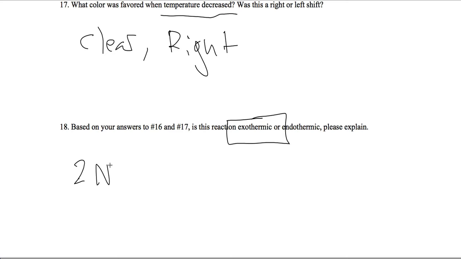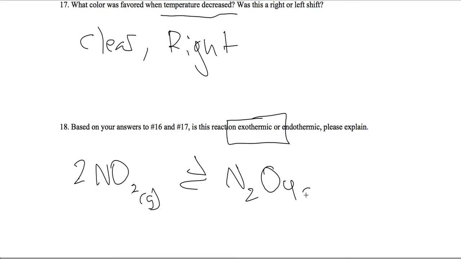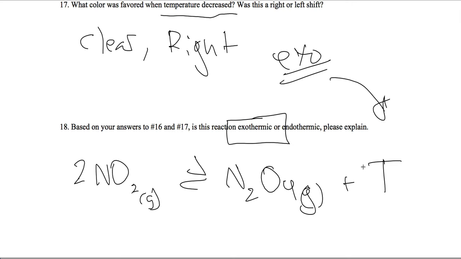If you have the reaction, 2 NO2 gas is at chemical equilibrium with 1 dinitrogen tetraoxide, and it's exothermic, that means temperature is on the right side. You increase temp, it's going to shift to the left, okay, up and away, and this was the dark brown side.